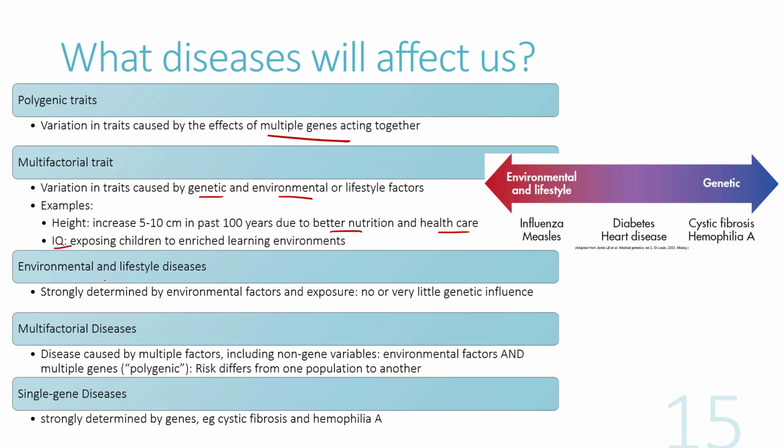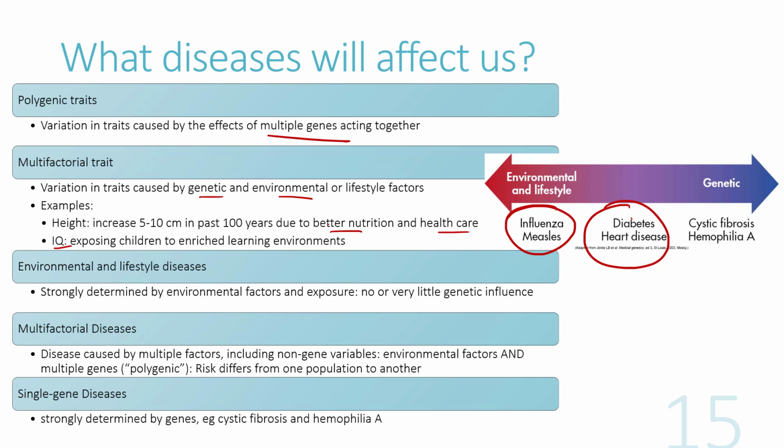There are some diseases that are strongly affected by environment and lifestyle. Some conditions are influenza and measles. Again, exposure to other people that have this condition will increase the likelihood of someone getting it. And then you've got multifactorial conditions like diabetes and heart disease that have a genetic component.